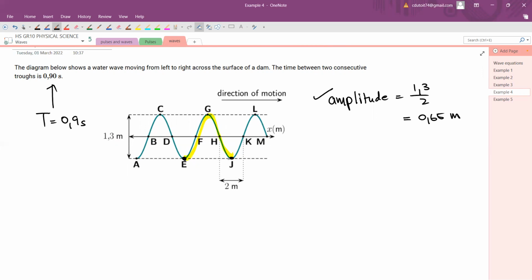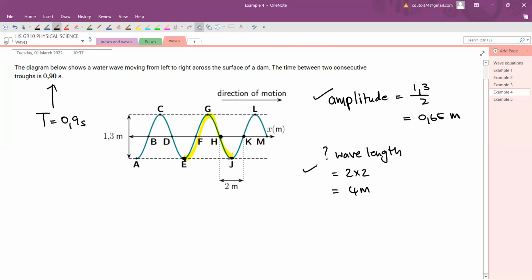Well, wavelength. What is our wavelength? They give you this little section here, which is half a wave, is 2 meters. The wavelength is therefore 2 times 2, because there are 2 of those sections in one full wave, and that is 4 meters.